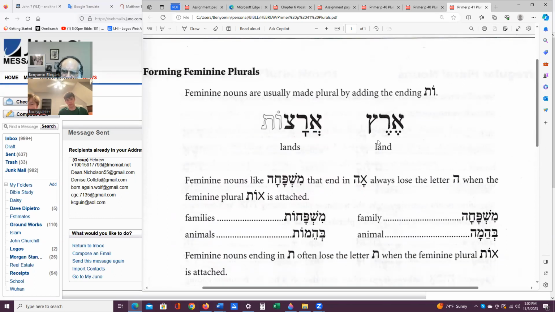We see eretz, obviously a noun. It's got the three dots under both sets of consonants. And the vowels change underneath the first ones. Now, to be honest with you, I don't know if there's any specific rule of thumb.